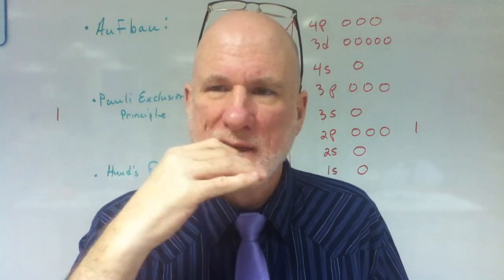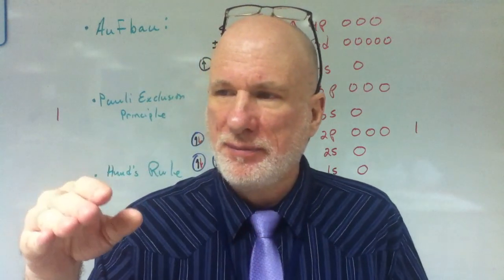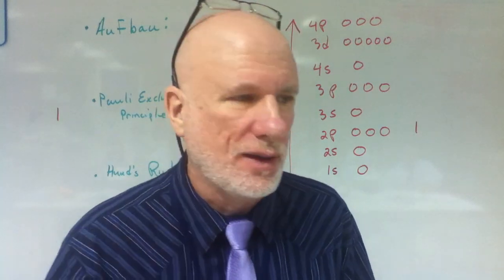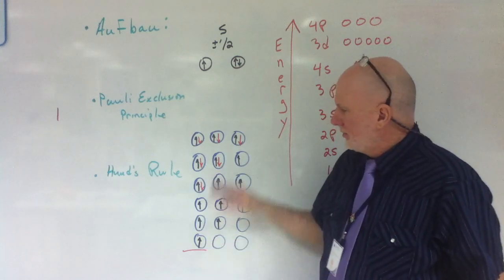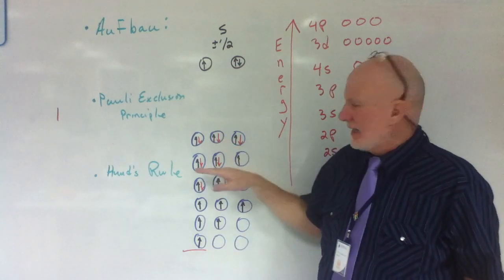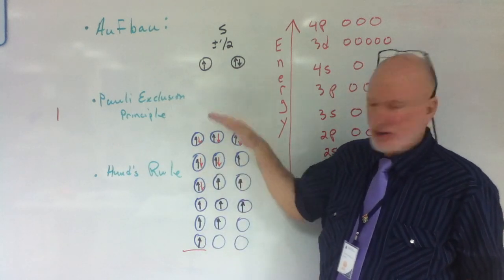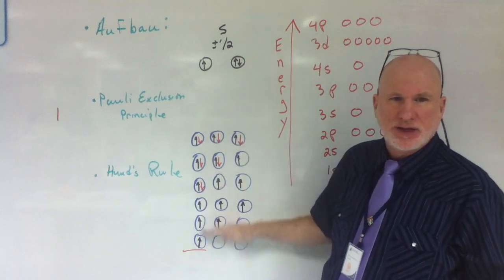So, it's 6, right? But how do you fill them? That's what Hund's rule talks about. And the way you fill them is this. First of all, these are all at the same energy level. These are just frames from a picture. This is not energy increase or decrease.